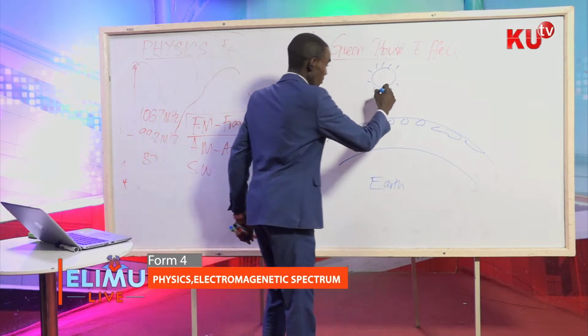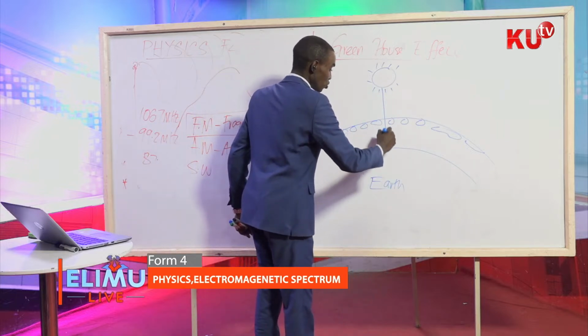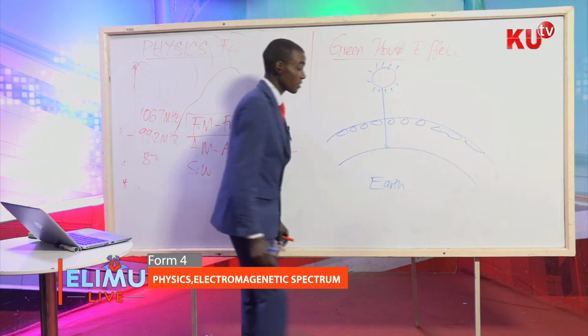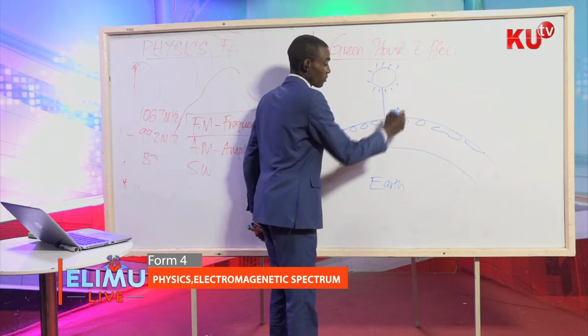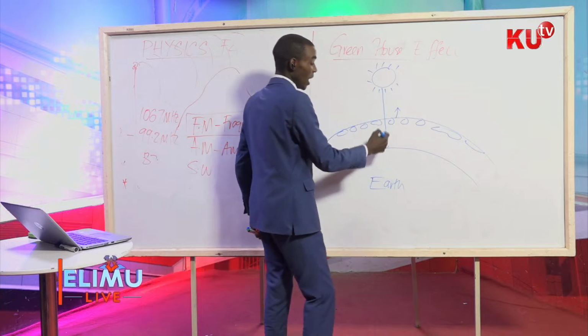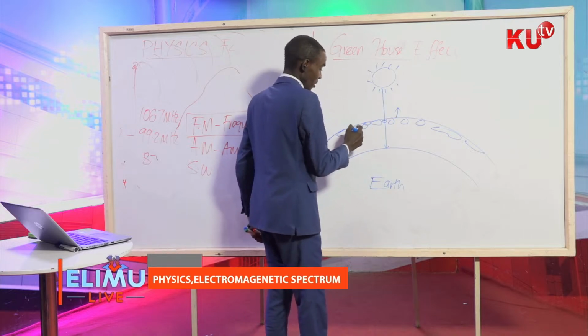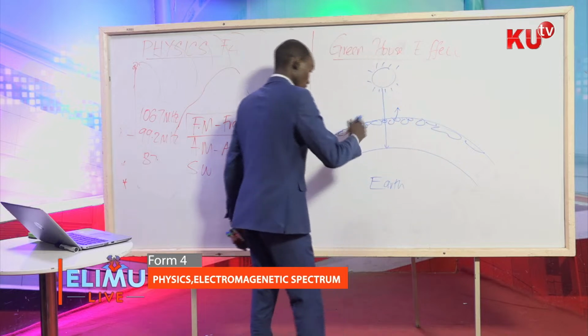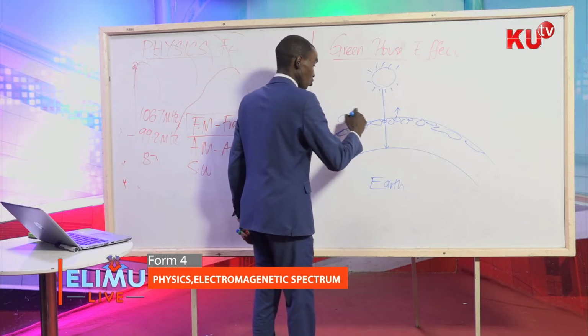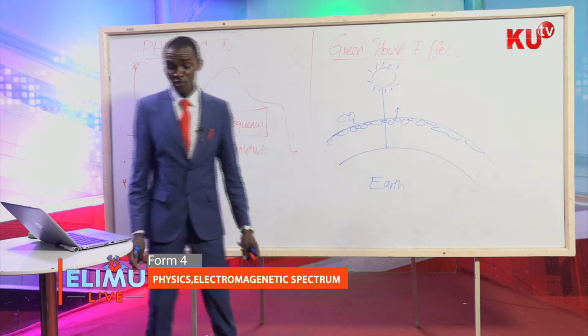These radiations from the sun manage to go all the way down to the Earth's surface. Some of them are reflected off, but most of them end up here. And in case there are many gases in the atmosphere, and one of the primary causes of this gas is CO2. We've all heard about carbon dioxide.